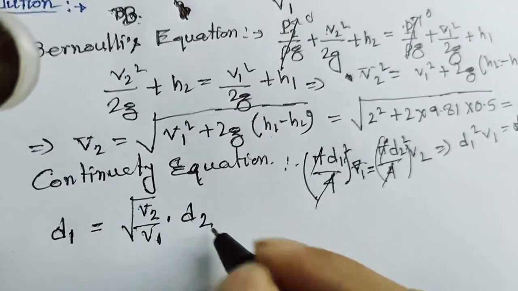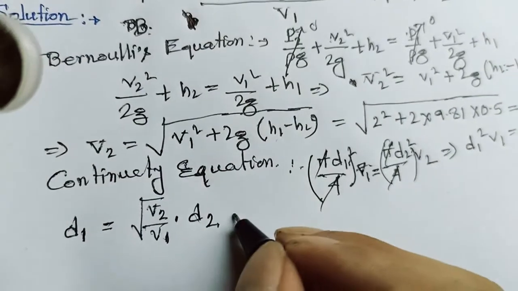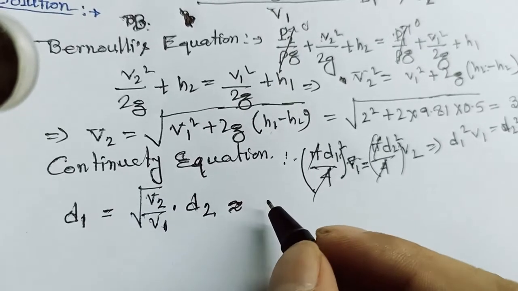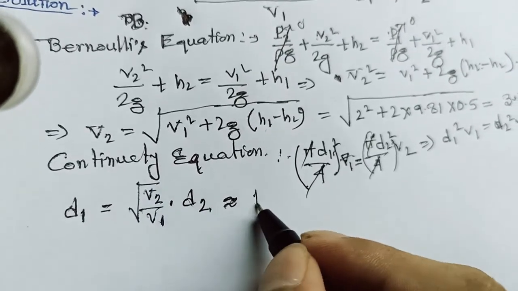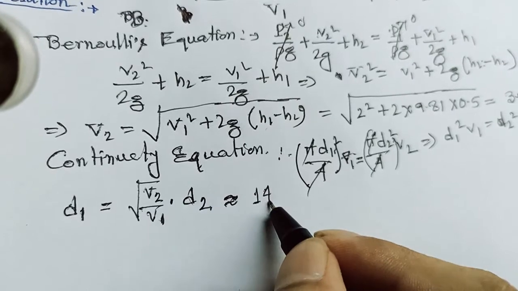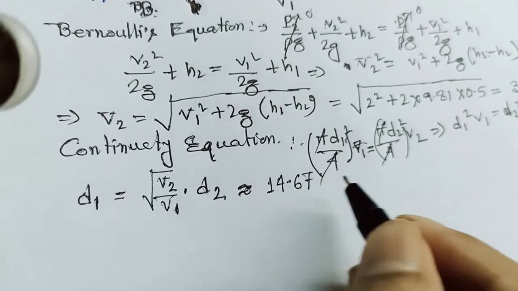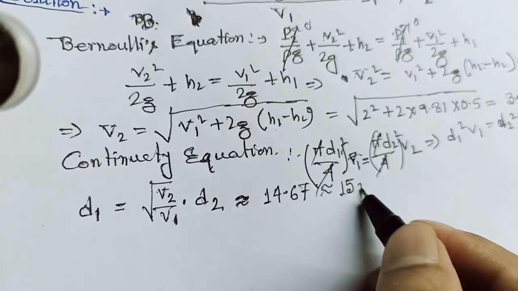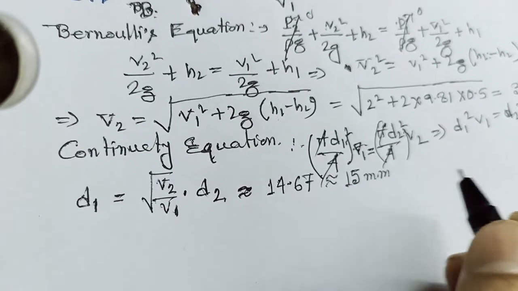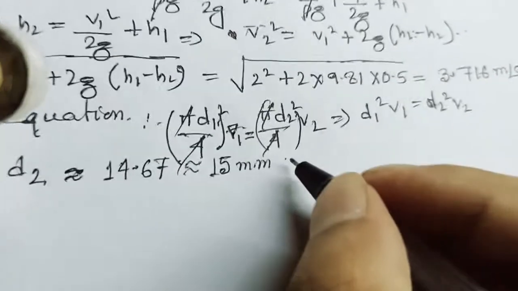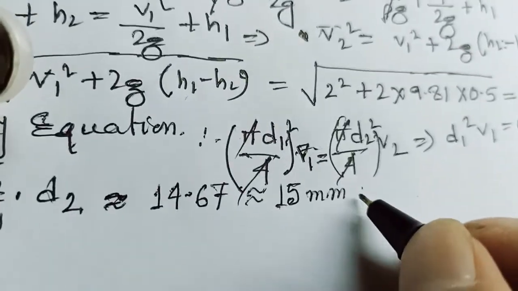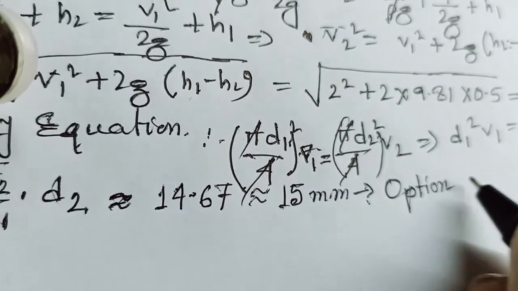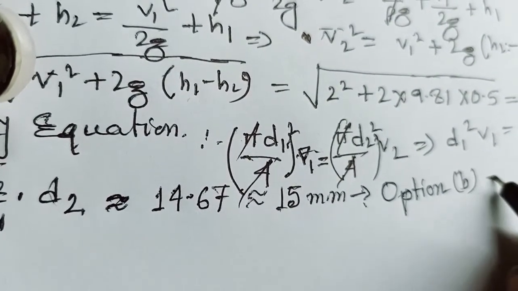Now putting the proper values of all the quantities, we find it is approximately 14.67, which is approximately equal to 15 mm. So our correct option is option B. Option B is correct.